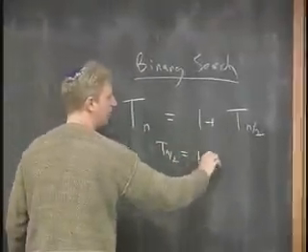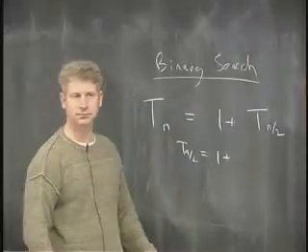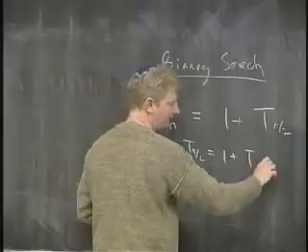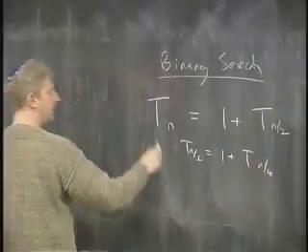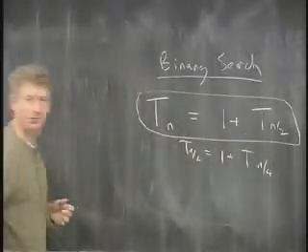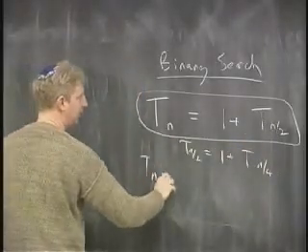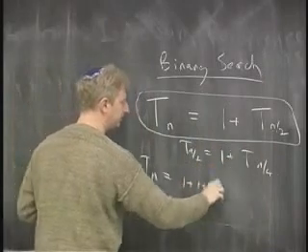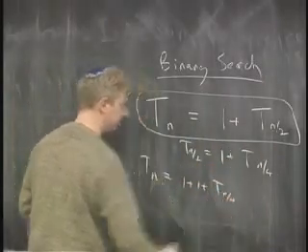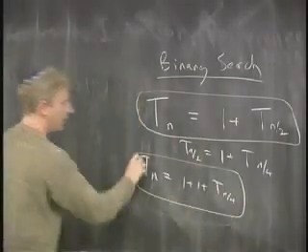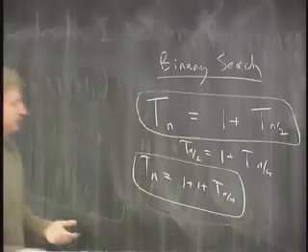And that equals 1 plus T(n over 4). n over 2 takes the place of n, so it becomes T of half of n over 2, which is n over 4. And if we take this and substitute back in there, we get T(n) equals 1 plus 1 plus T(n over 4). Okay? Now we're going to do this a whole bunch more times.